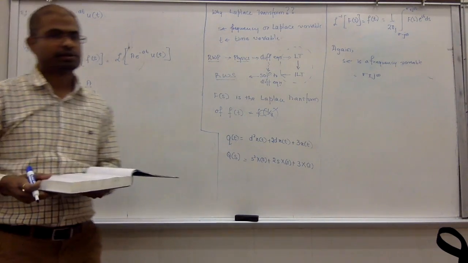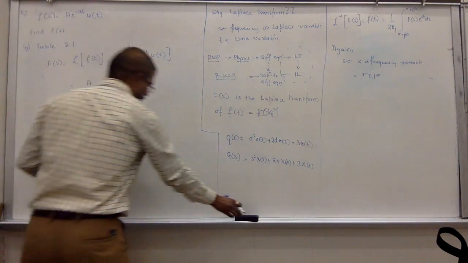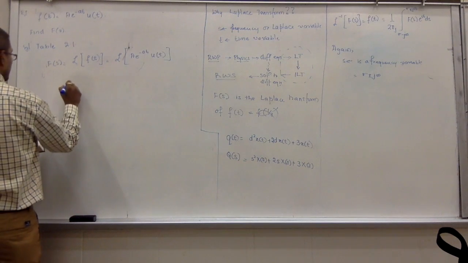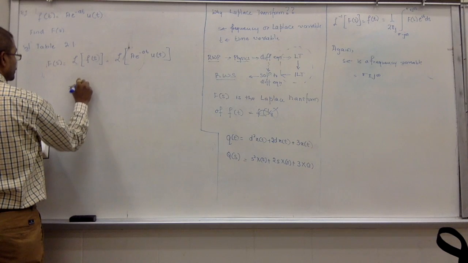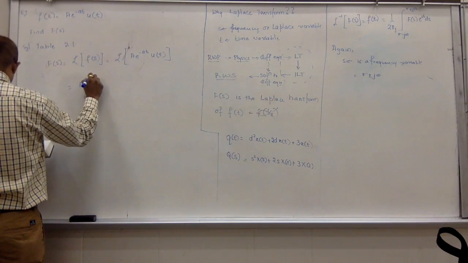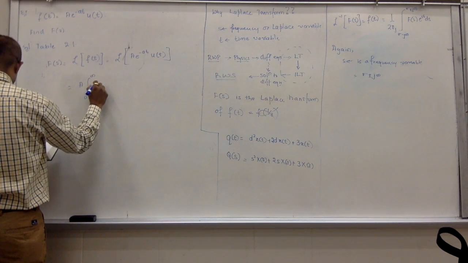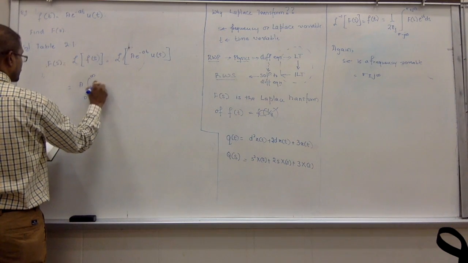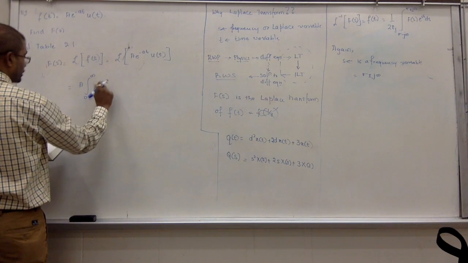It is simply this. Now I can actually derive this. Let me do it once. So we have a times the integration from 0 to infinity of e to the power of minus a t, which is the function itself.